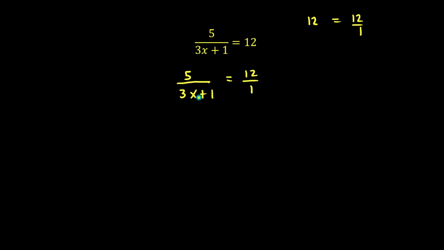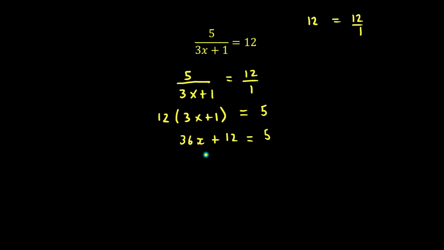Just cross multiply. And what we would get, we could get 12 times 3x plus 1, which is equal to 5. Then we just multiply the bracket. So that would be 36x plus 12, and that is equal to 5.